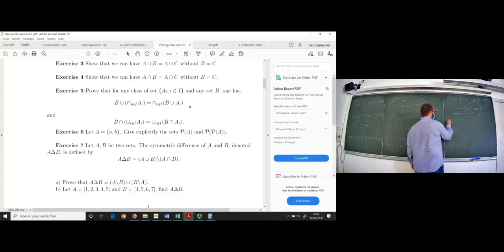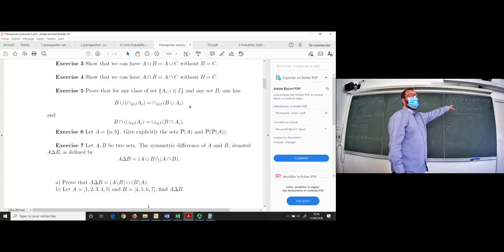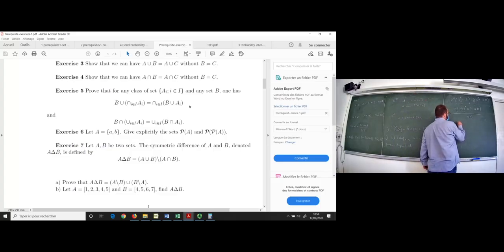So using the exercise 5 of the summer list, I use this one here. It's the probability of the union from i equal to 0 to plus infinity of A_i intersected with B, over P of B.